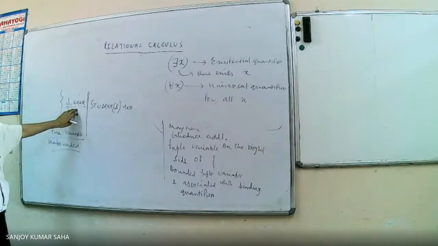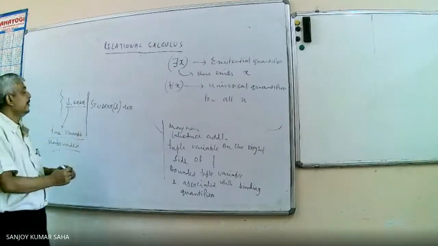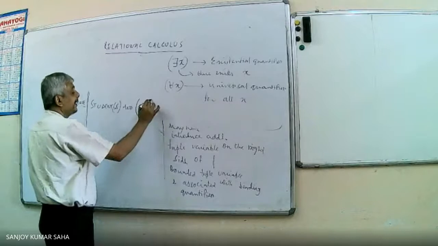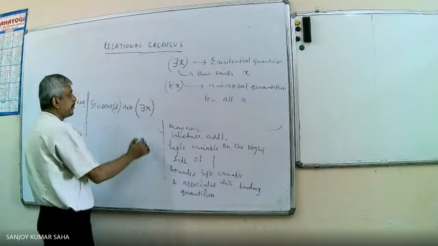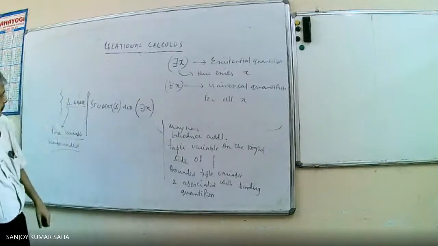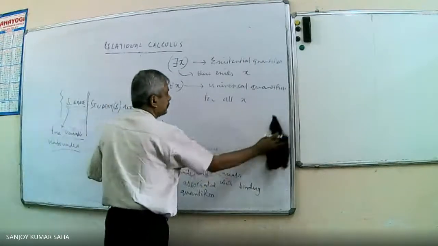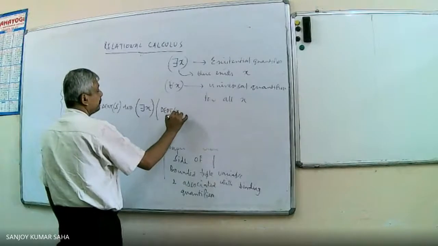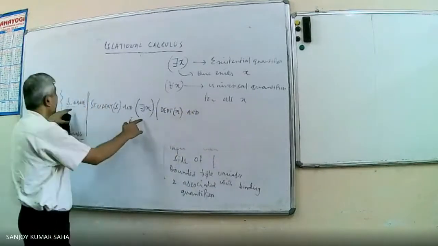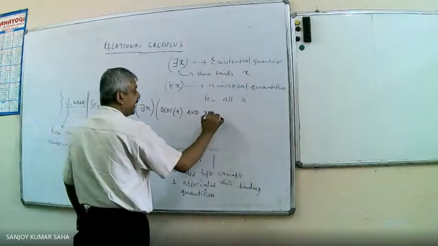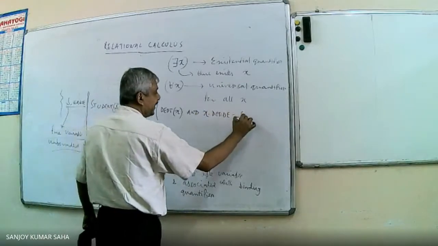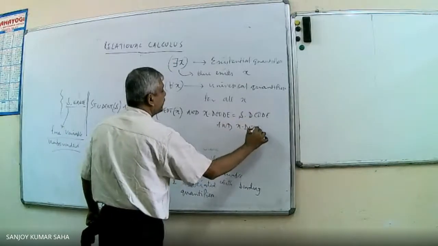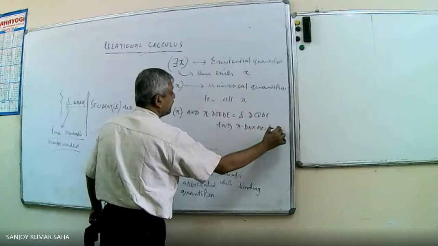From this tuple we will take the name provided there exists an x where x belongs to department, and x dot dcode equals s dot dcode and x dot dname equals XYZ.